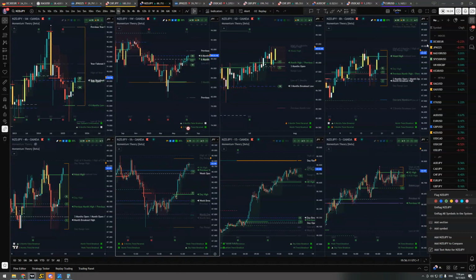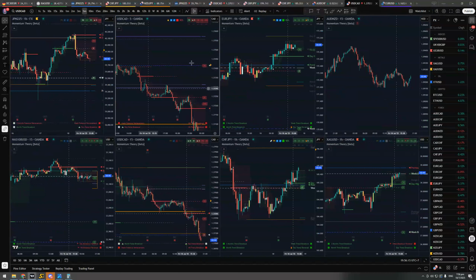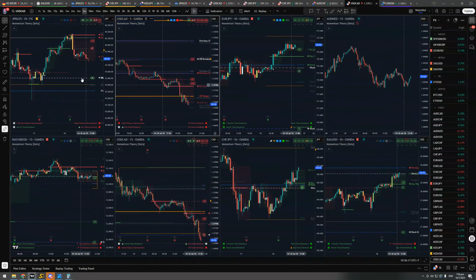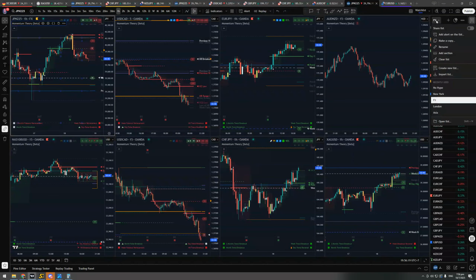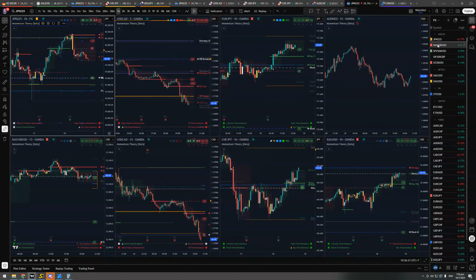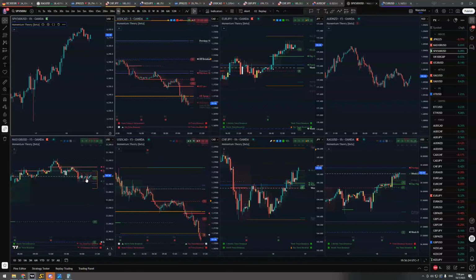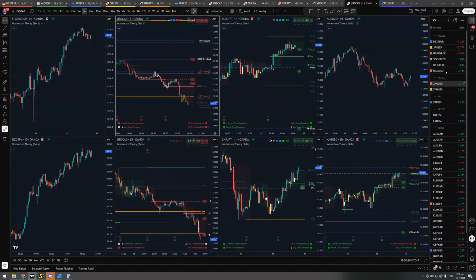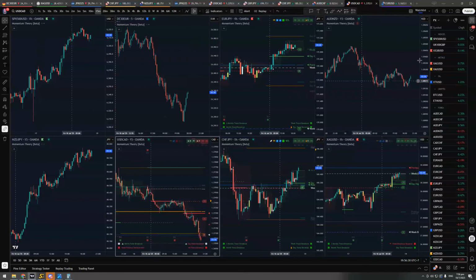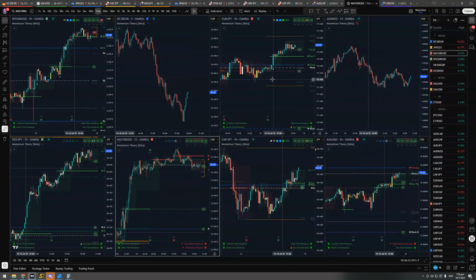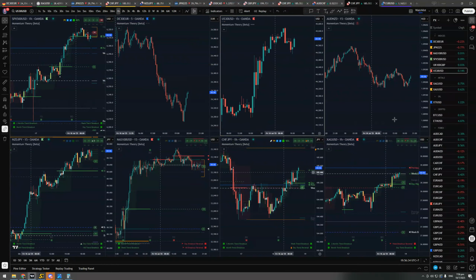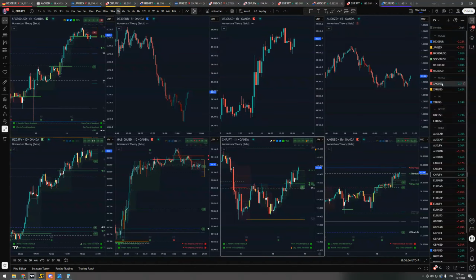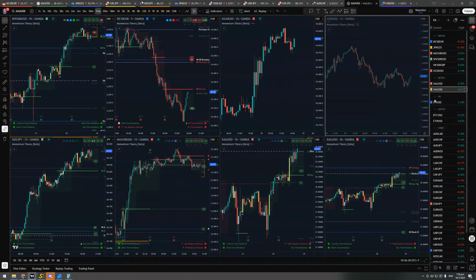I'll just shortlist this since I have nothing on my watch list here. SPX, NJ. I'll just put these other ones, T30, NAS, US 30, silver, gold, oil.